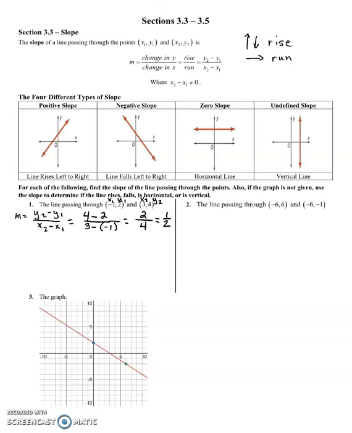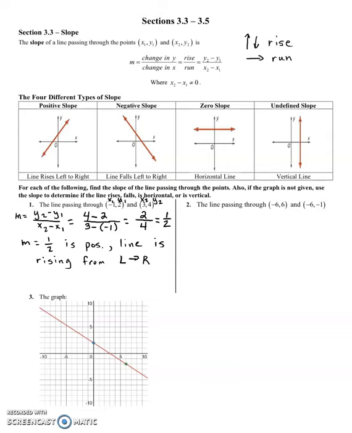So since the slope is 1/2, which is positive, that means the line is rising from right to left. Sorry, from left to right. Okay, as always, pause the video and try to do number 2 on your own.